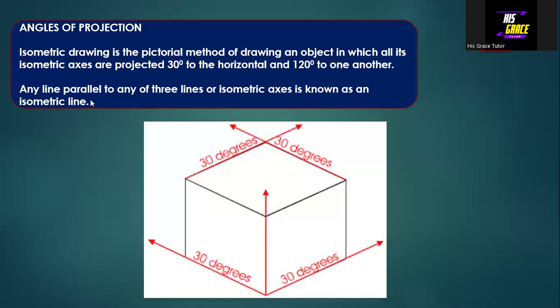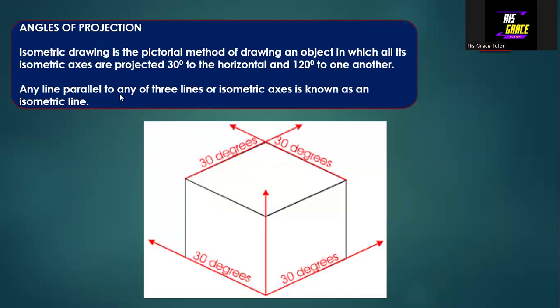Now, we want to look at angle of projection when it comes to isometric drawing. Isometric drawing is the pictorial method of drawing an object in which all its isometric axes are projected at 30 degrees to the horizontal and 120 degrees to one another.